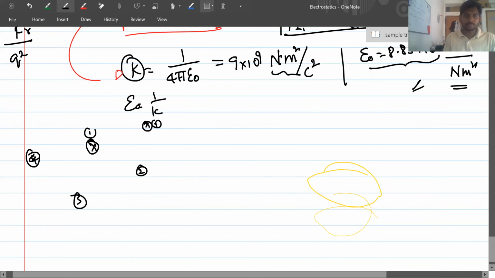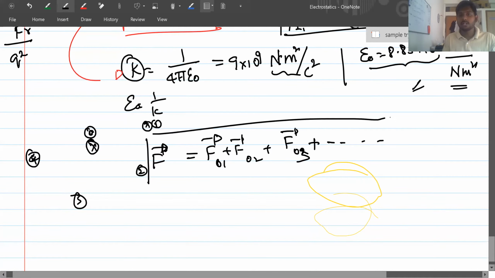The force on our charge due to the first charge is F1 vector, plus F2 vector, the force on our charge due to the second charge, plus the force due to the third charge. Like that, we can take the vector sum of all the forces to get the net force on the charge.